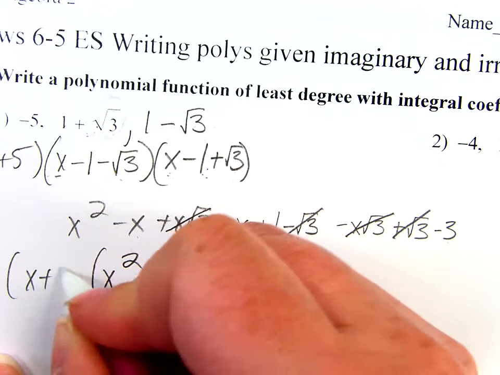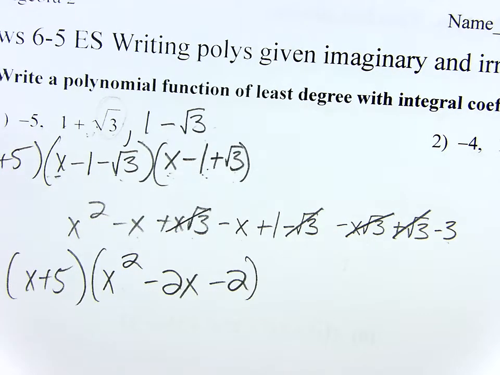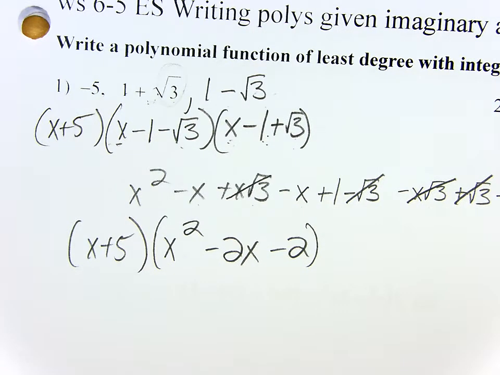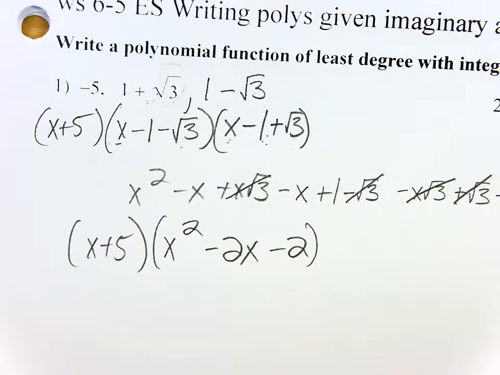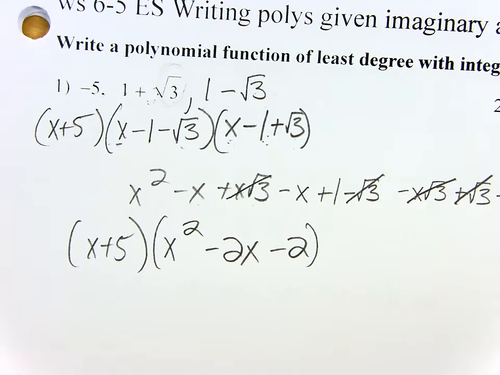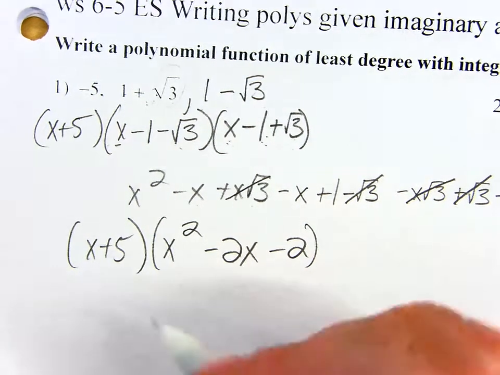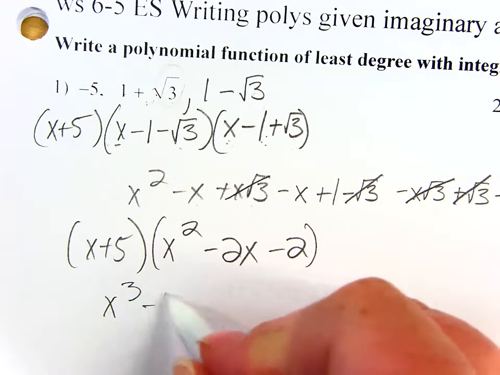And now I just have to divide that by x plus 5. But that's a lot better because now I don't have any of the irrational numbers. So when I do this, I should have how many terms before I... This should be 6. A 2 by 3, so there should be 6. And then when I combine all terms, I know I should be ending up with some third power because I had 3 answers. So let's see what happens.